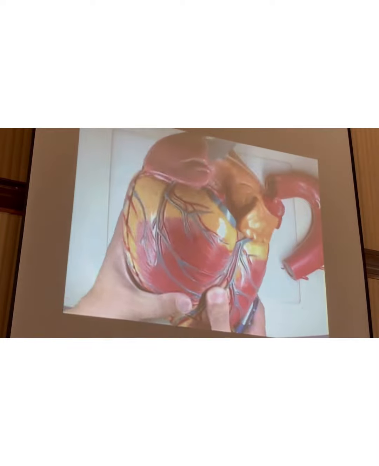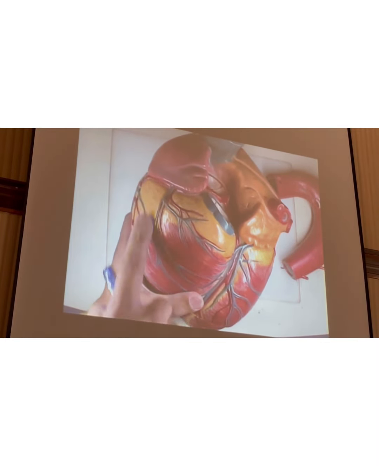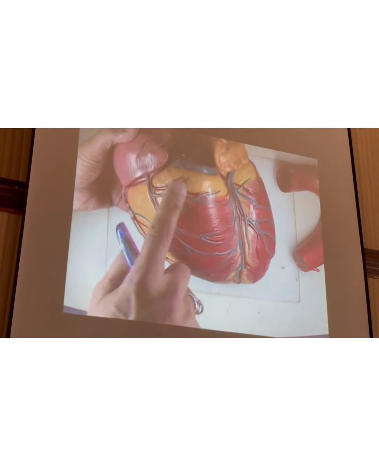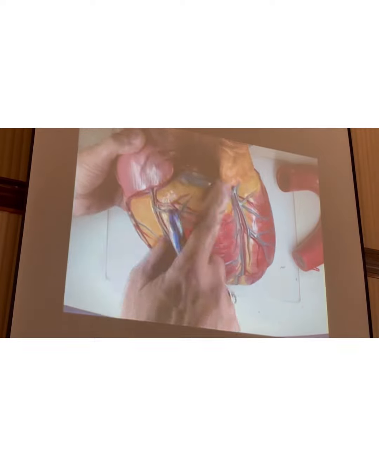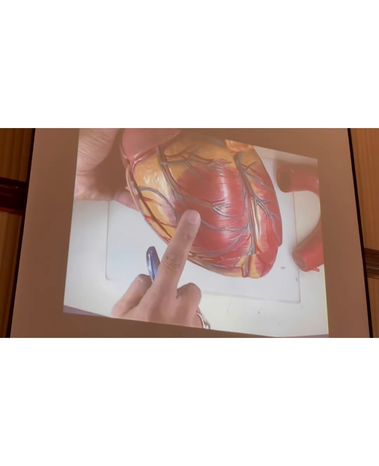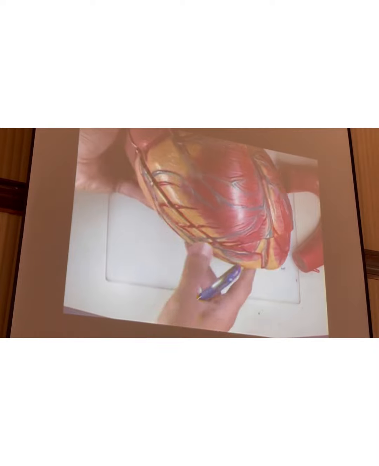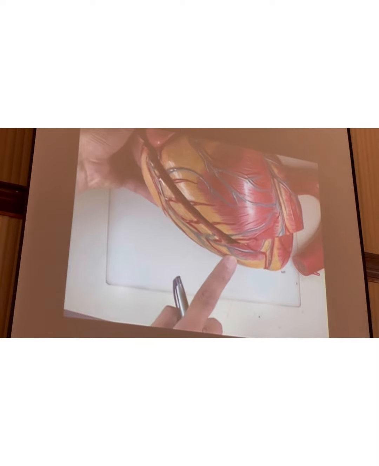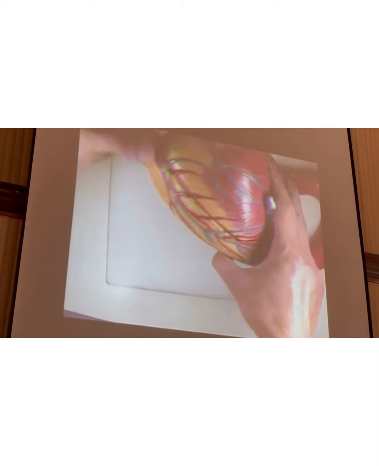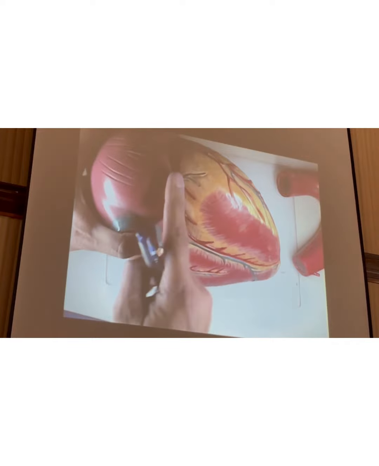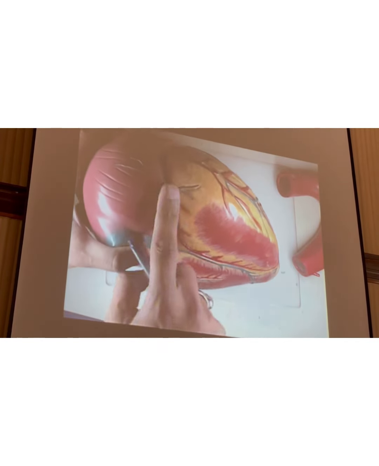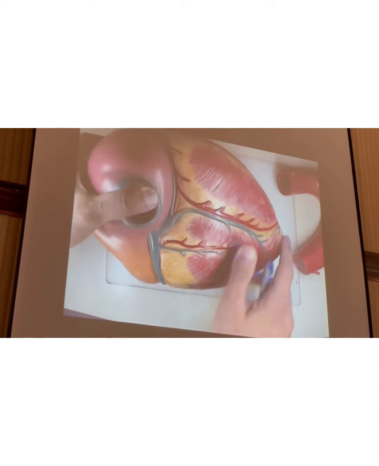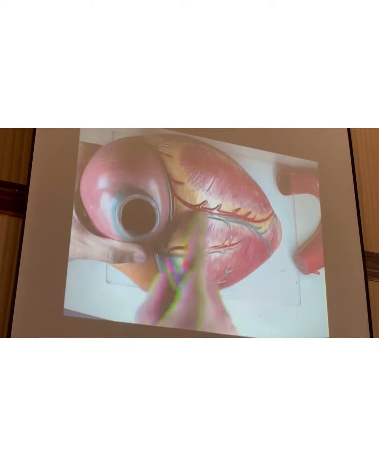It runs around, gives the anterior ventricular branch, then here it gives the right conus artery, of course to the infundibulum, then ventricular and anterior ventricular branches, then it gives the marginal. This is the right marginal artery. Then it continues in the atrioventricular groove, gives the posterior ventricular, and the continuation of the right coronary artery runs to the posterior interventricular groove.